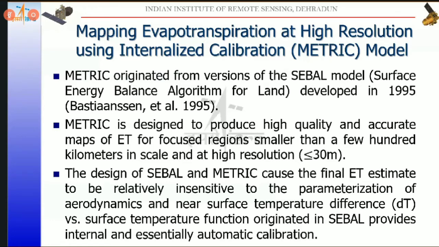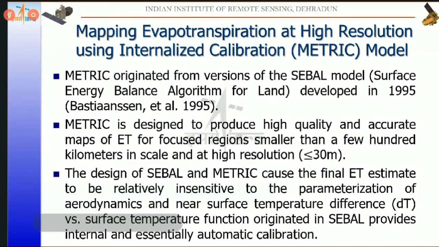They derive the METRIC model and specifically use pixel-based information of a dry pixel and a wet pixel, derive the difference between surface temperature and air temperature for a particular pixel, and define the dry edge and wet edge. I will discuss it one by one.